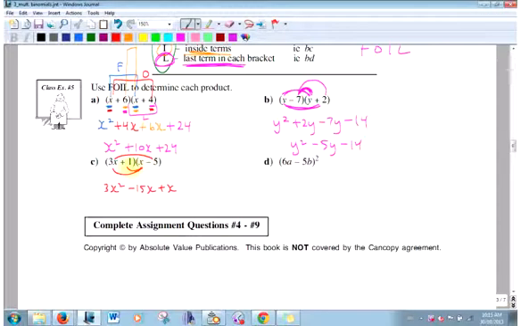And last is 1 times negative 5, minus 5. Okay, minus 15 plus 1 is minus 14. Still have that. Still have this.